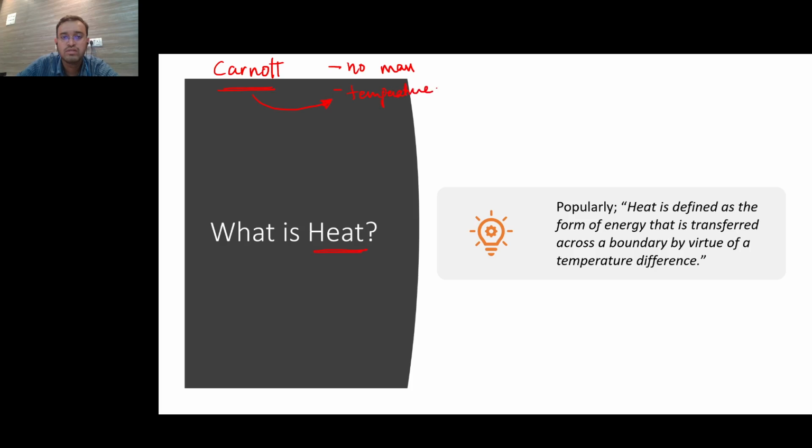He thought it was a physical fluid which had no mass, and it was very difficult to detect its presence. But when you added it to something, the temperature of whatever you added it to rose. So as you can see, he thought it was a sort of physical fluid.